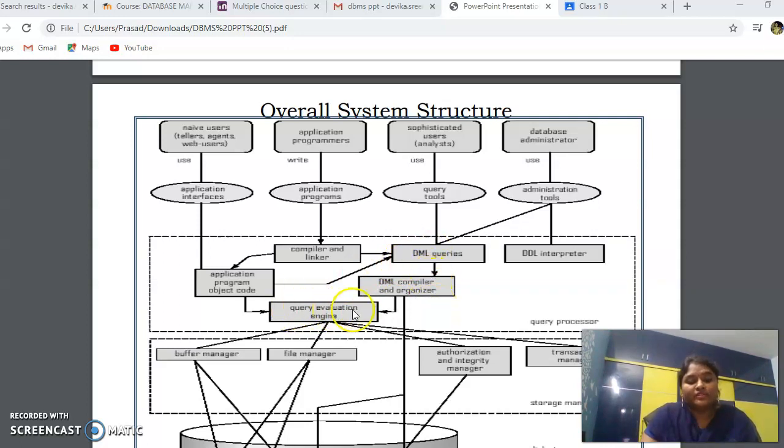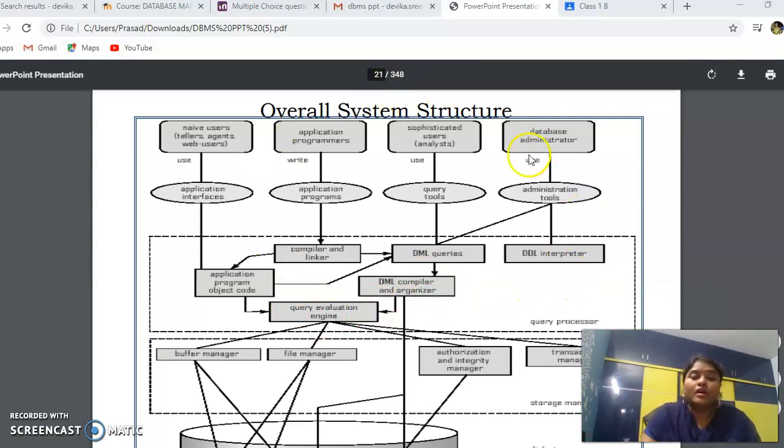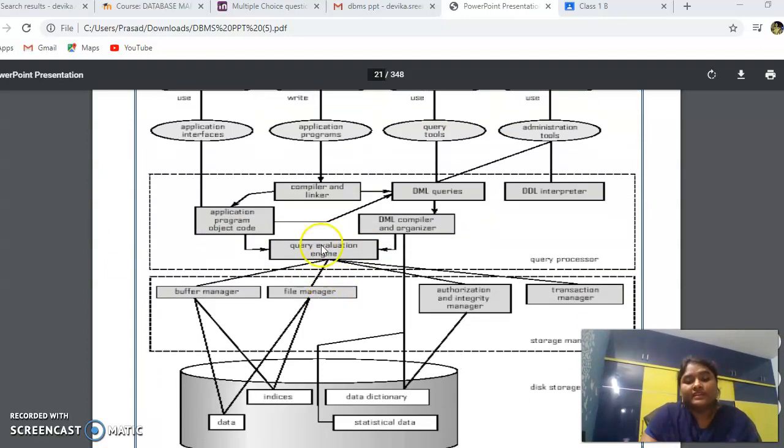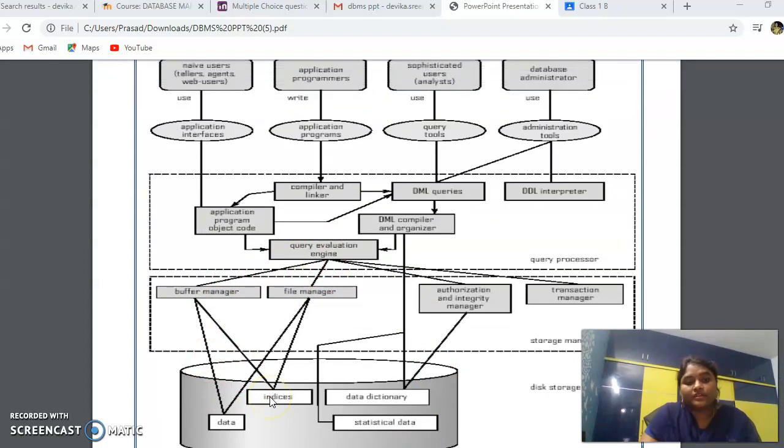Finally, the query evaluation engine is an engine that processes all the queries that are given by different types of users, and it gets the data from the physical storage of the database, right?